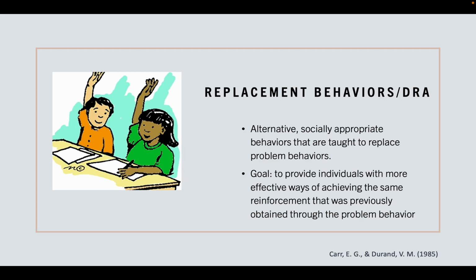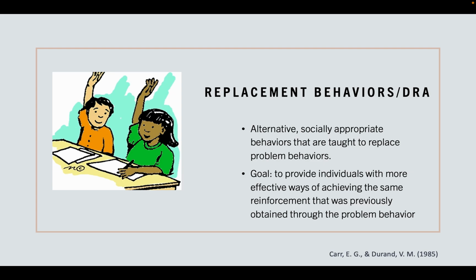For example, if a child engages in hitting to get attention, DRA could be used to teach the child to ask for attention appropriately as an alternative behavior. The child would be reinforced for asking for attention appropriately, while hitting would not be reinforced, resulting in a decrease in hitting behavior over time. Another example of DRA could be teaching a child to use words to request a break instead of engaging in problem behaviors, such as throwing objects or leaving the classroom without permission.